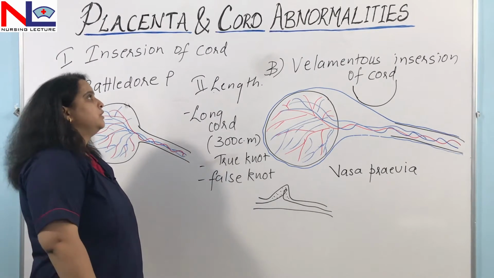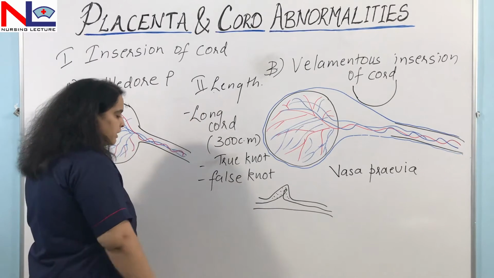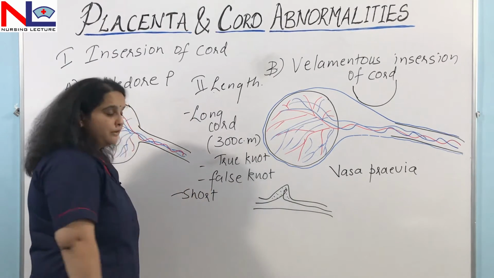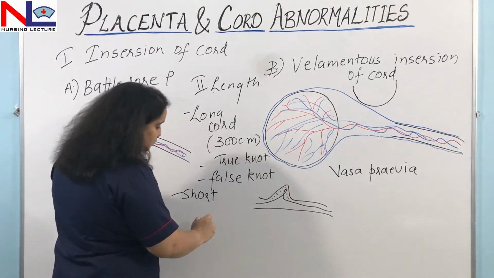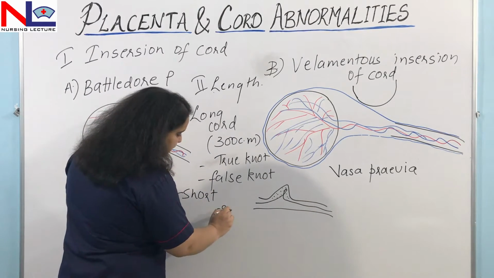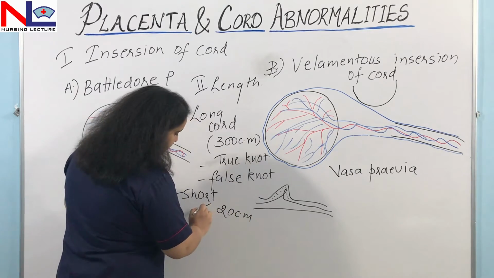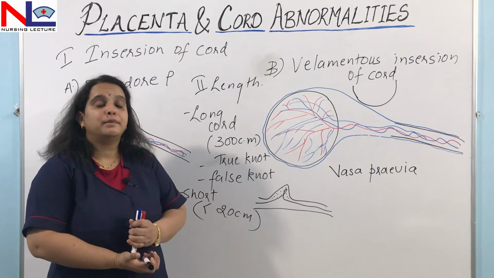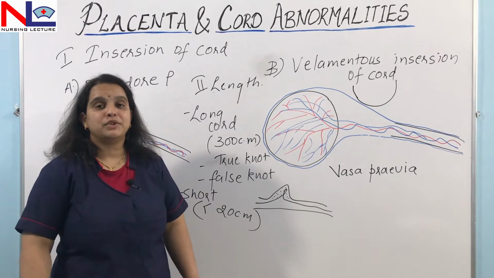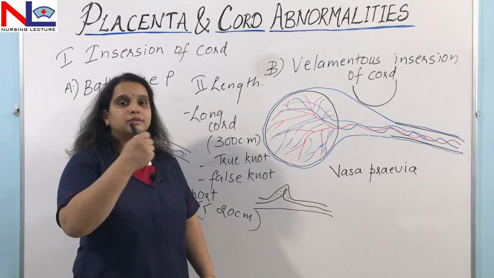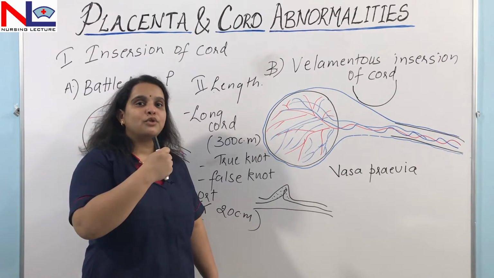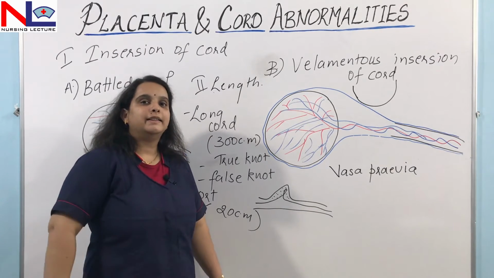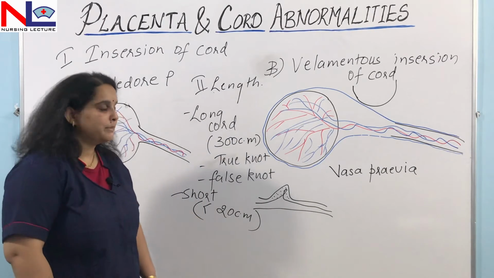The other cord abnormality depending on its length is the short cord. When the length of the cord becomes too short, about 20 centimeters or less, there may be a chance of abruption, that is, premature separation of the placenta, because the cord is so short and fetal movement can cause pulling of the cord, which may lead to placental abruption.